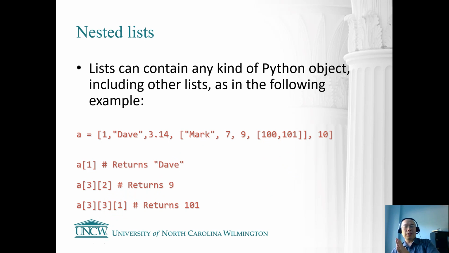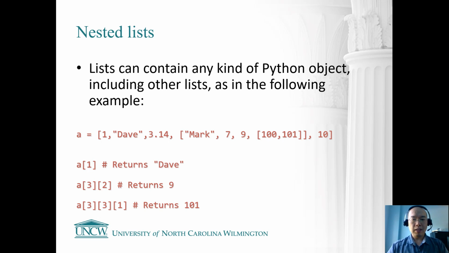So the trick is, if we want to access one member inside a nested list, we have to use multiple square brackets. In Python, it is perfectly fine to use several square brackets to go deeper and deeper into a nested list to grab one item.